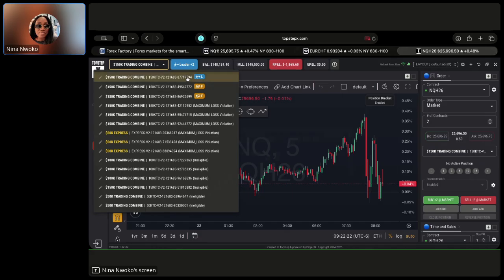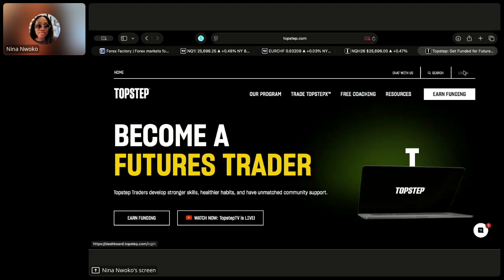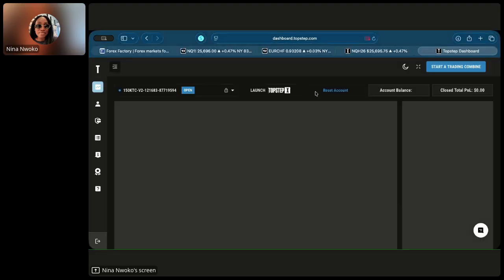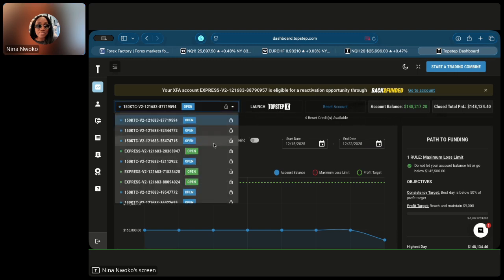These three accounts, I don't know what their balances are because the TopStep dashboard is currently down. When you log in, it says, oh, now they're up. Okay, so I'm 148 on the 150. I think I can't lose more than 6K on it.